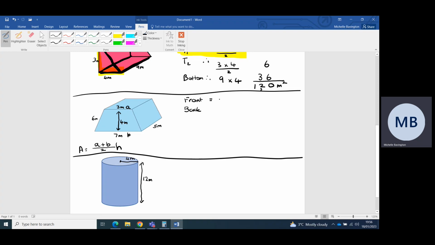So the front equals 3 plus 7 divided by 2 times 4. Sorry, I put 4, I'm having a bad day. That's 10 divided by 2 is 5, times by 4 is 20. And we know the back is the same, so that will equal 20. So that's the back done.